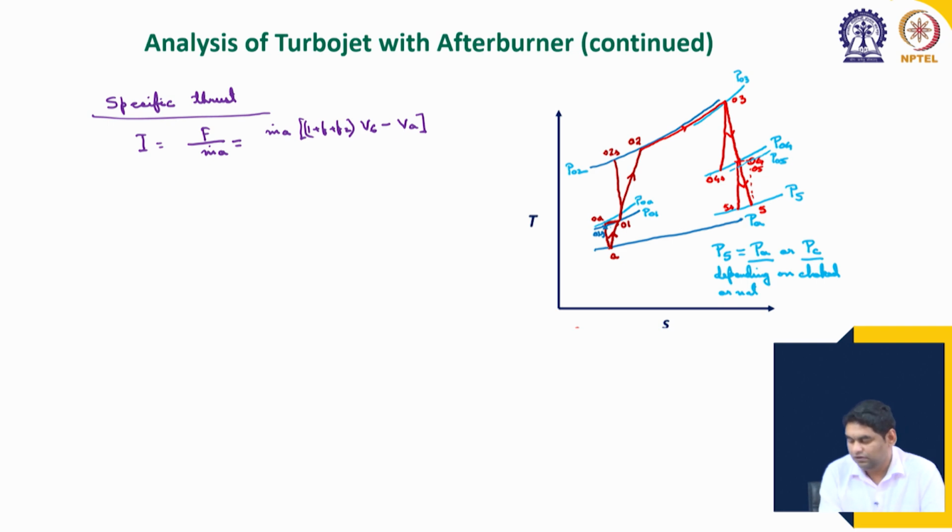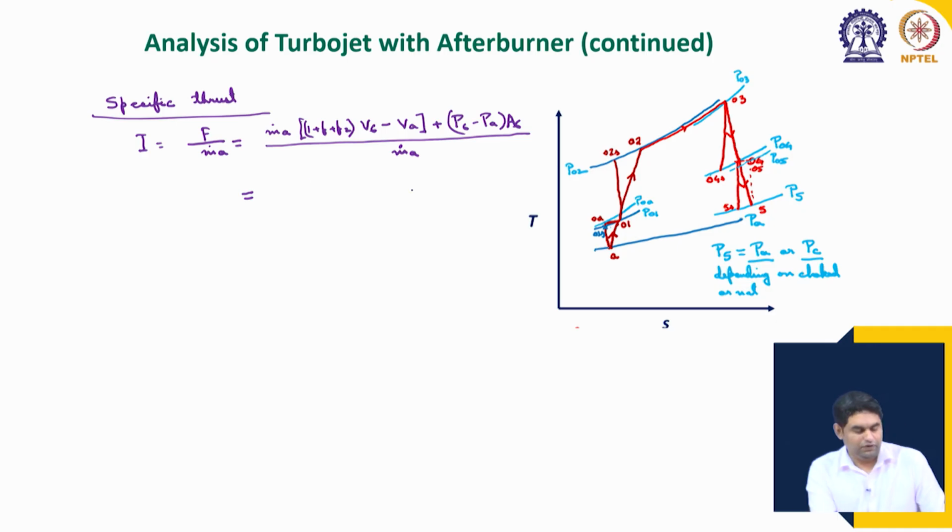This is the momentum thrust, plus the pressure thrust, which is (P6 minus PA) multiplied by A6. This divided by the mass flow rate of air should give us the specific thrust, or impulse. So m dot A will get cancelled, and in the P6 minus PA into A6 term, A6 is in terms of m dot A.